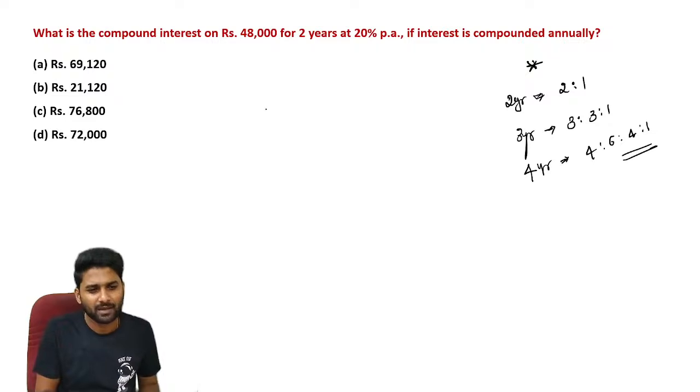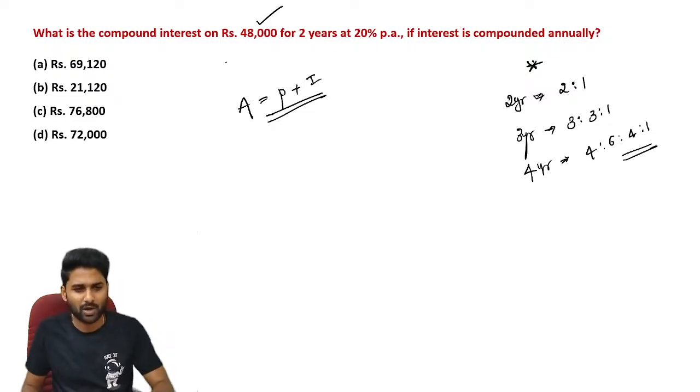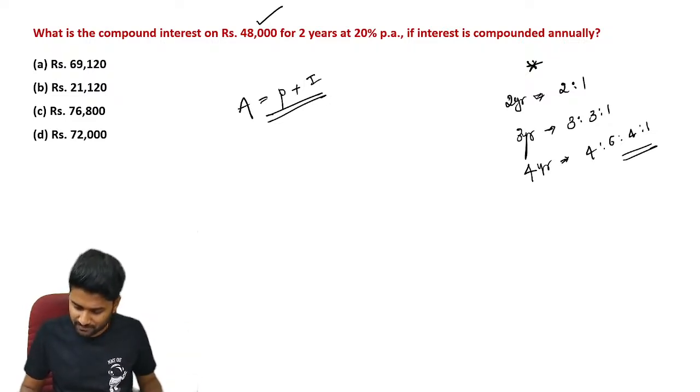Remember that in simple interest or compound interest, the amount is both principal and interest. As you know, the principal is 48,000 and you have to calculate how much interest you get at the end of 2 years.